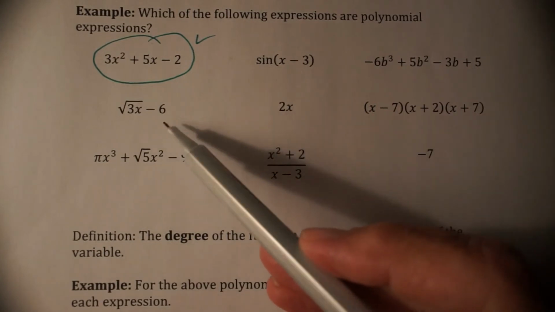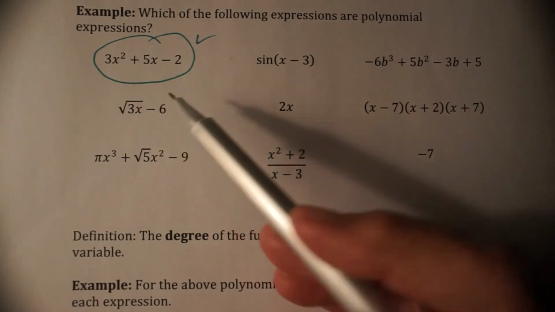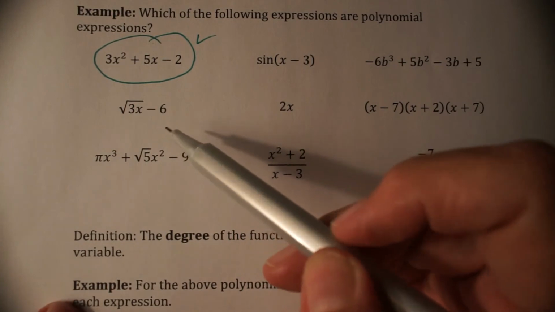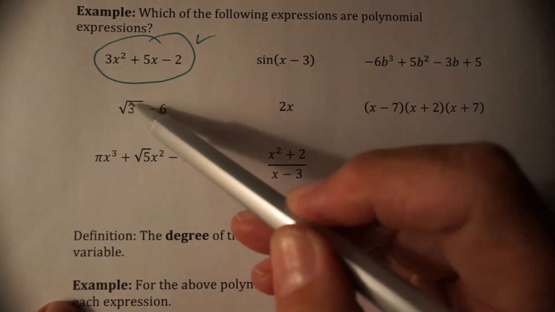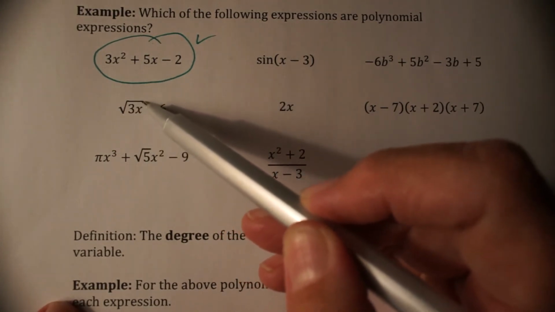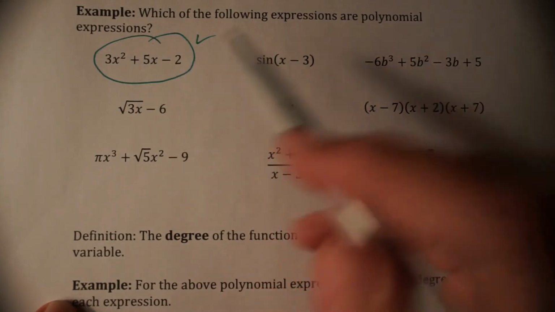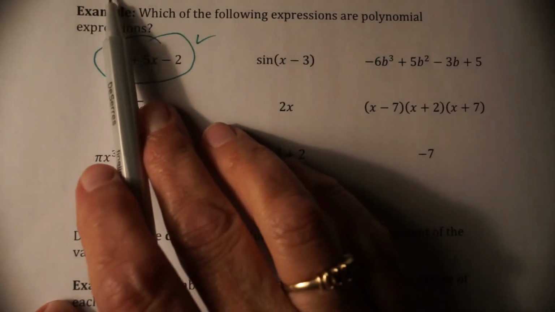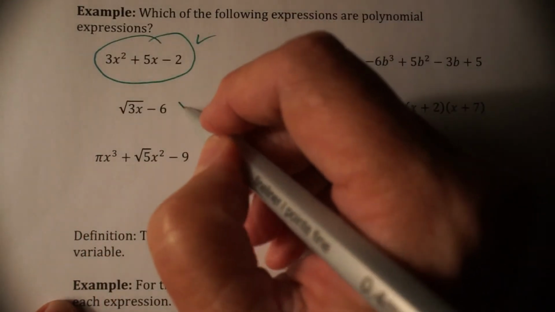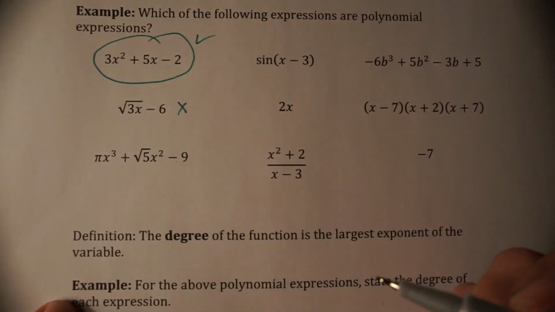And then we're going to go on to the next one. Now, this one, at first you might think it is a polynomial, but notice how that square root comes right over the x as well, and a square root of an x actually has exponent 1/2, and our exponents have to be whole numbers. So this one would not be a polynomial function.